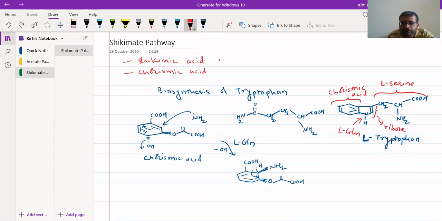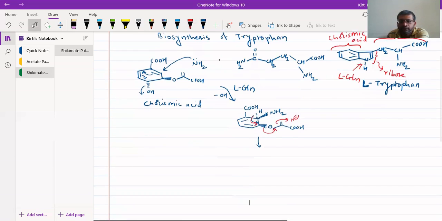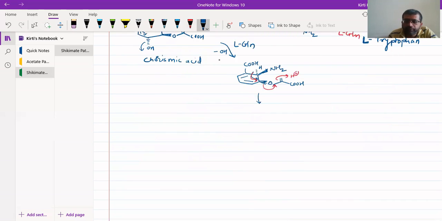When this bond comes, the electrons of this C-O bond will be shifted towards this side, and there will be gain of a proton here, so that we will get CH3COCOOH, that is pyruvic acid, generated.